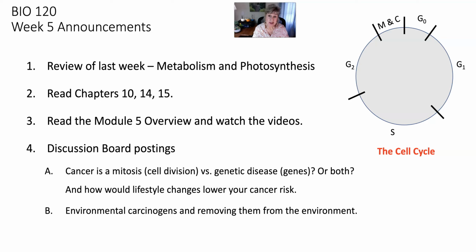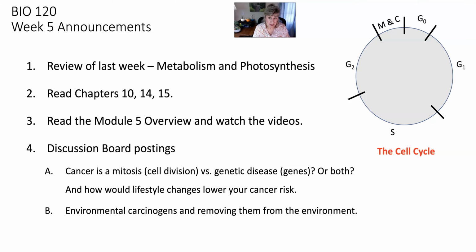That's what it does in G0. So this stopping place is where the cell does its work. It's a very important part of the cell cycle because cells have jobs to do. They don't just hang around to reproduce, okay?